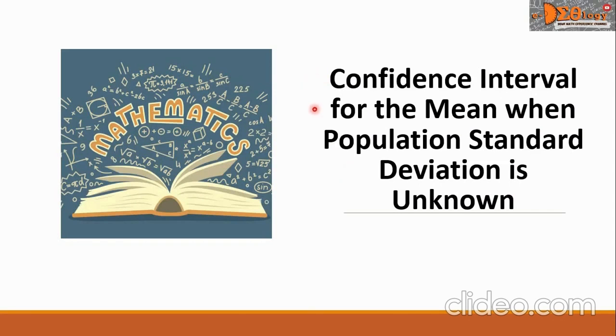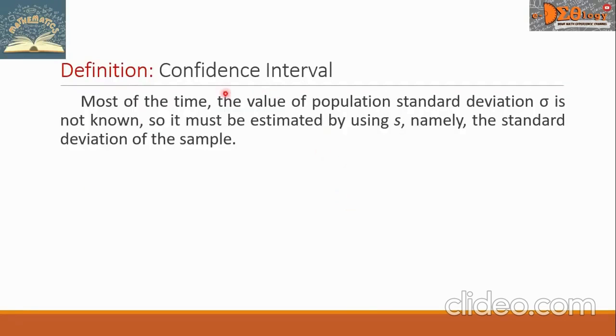Confidence interval for the mean when population standard deviation is unknown. Let us define confidence interval. Most of the time, the value of population standard deviation sigma is not known, so it must be estimated by using S, namely the standard deviation of the sample.